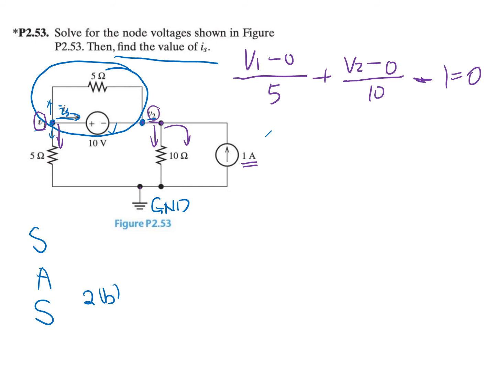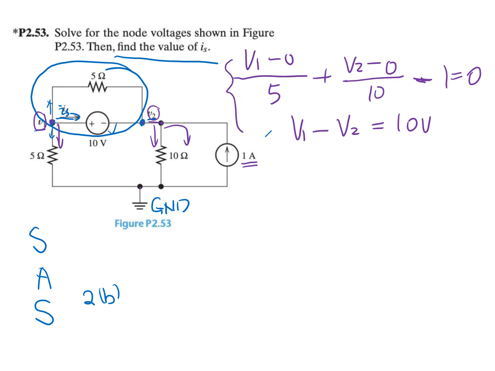Well, typically, the positive terminal connects to a higher voltage node. So V1 has a higher voltage than V2. So we can write V1 minus V2 is equal to 10 volts. V1 is 10 volts higher than V2.